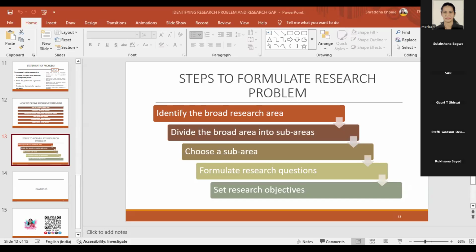After you choose a broad area to study, drill down to a specific topic that is manageable and researchable. To do this, you need to break down the broad areas into sub areas and choose the specific research topic.